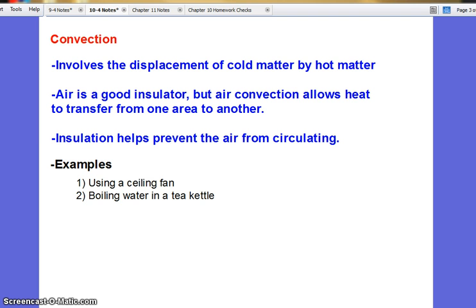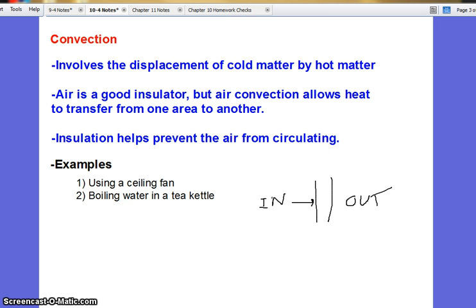If we go back here, air, we said, is an excellent insulator. So if we have a wall cavity here, we have our inside and our outside air. If we put air in this wall cavity, it's an excellent insulator to prevent heat from going from the inside to the outside on a cold day.